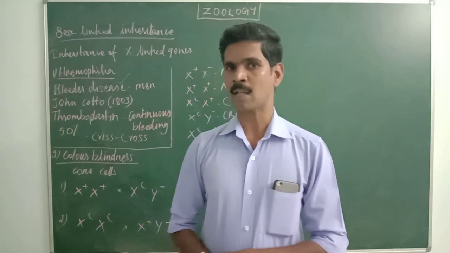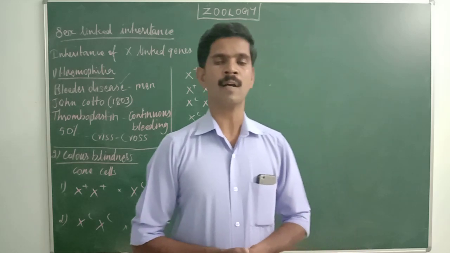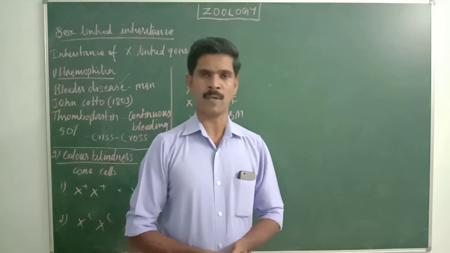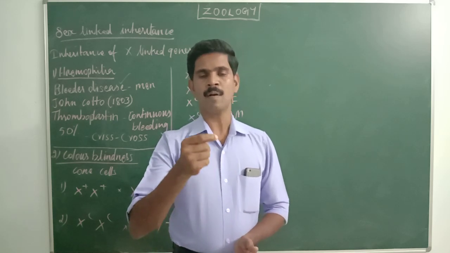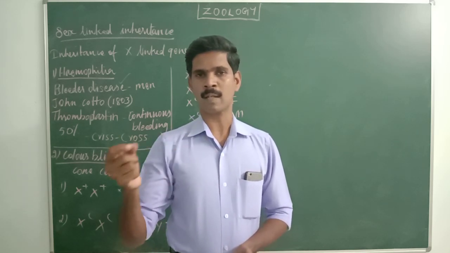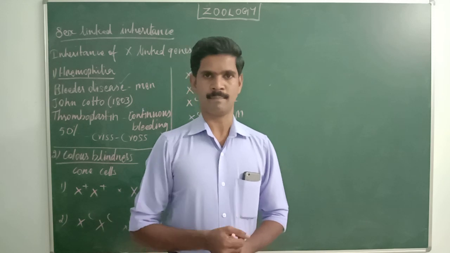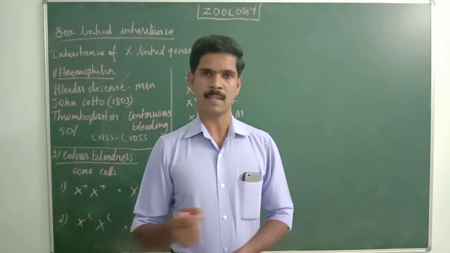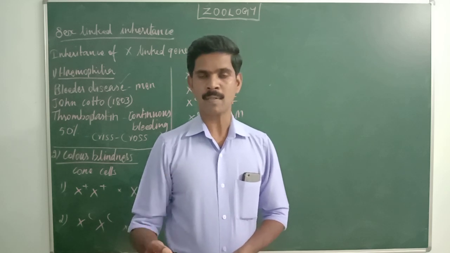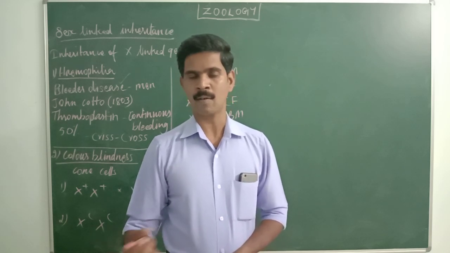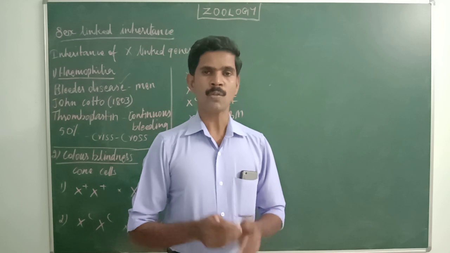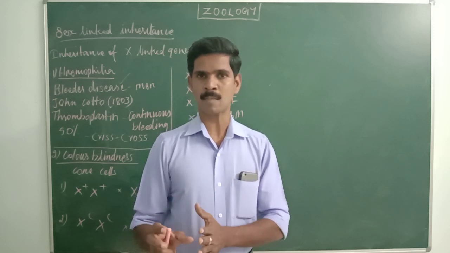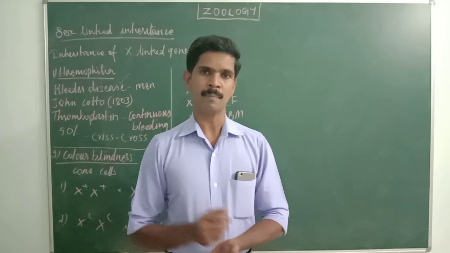Before studying this, you should remember one important point: what type of persons can produce a color blind son, what gametes are responsible for a color blind daughter, or for a carrier daughter. You should understand which gametes are responsible for which types of persons.